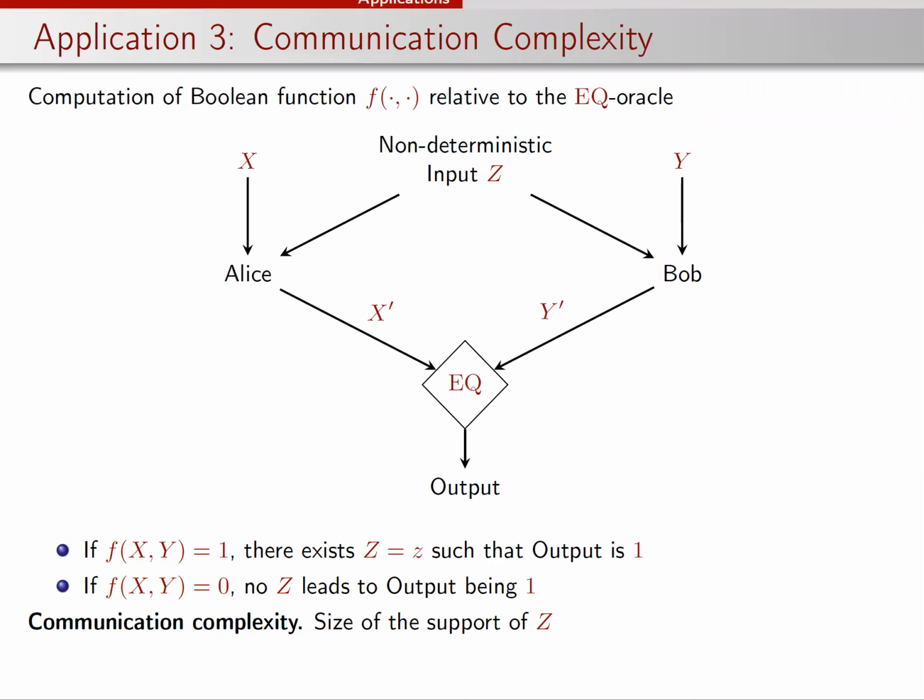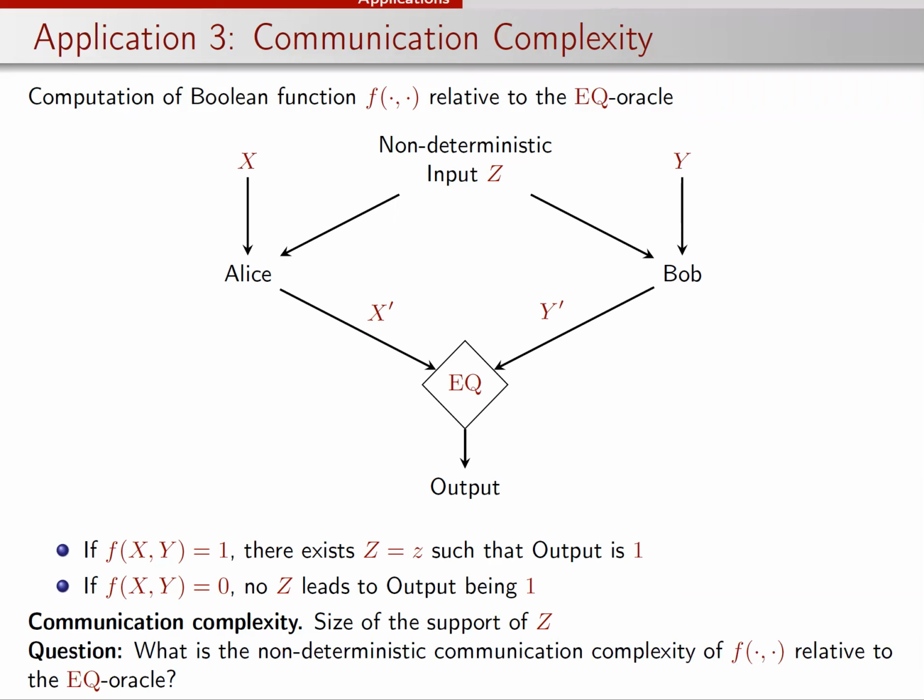And the communication complexity of the protocol is the size of the support of Z. So our interest is to find the communication complexity of a Boolean function f in this model. And this motivates us to study the P4-free cover number. So far, I have briefly described motivations for studying P4-free partition and cover numbers. So what are they? Let me introduce some basic notions before discussing them.